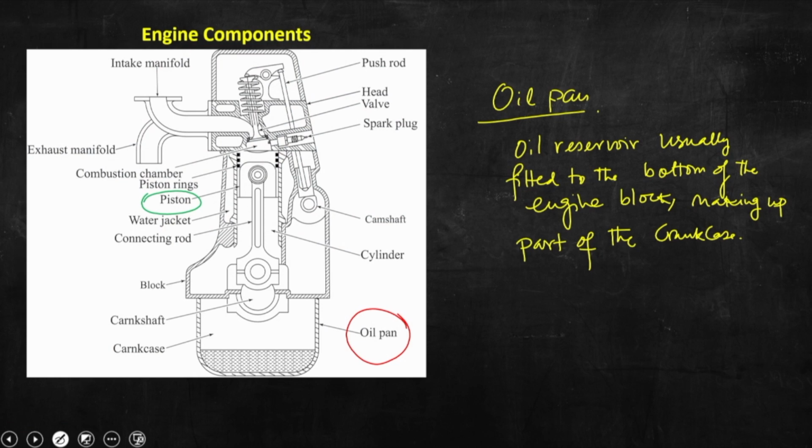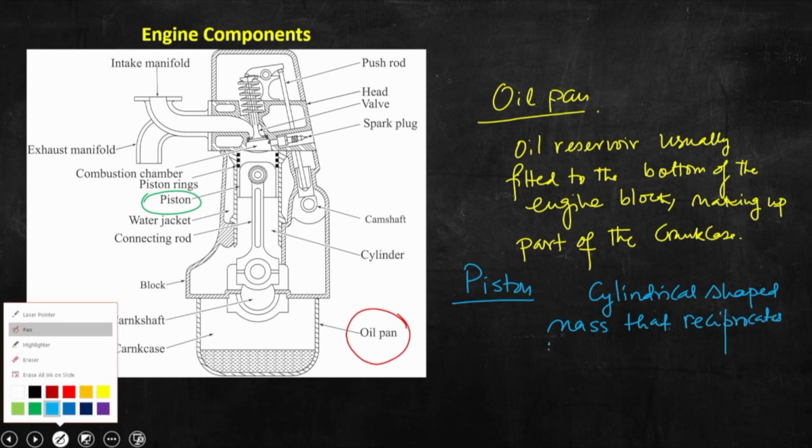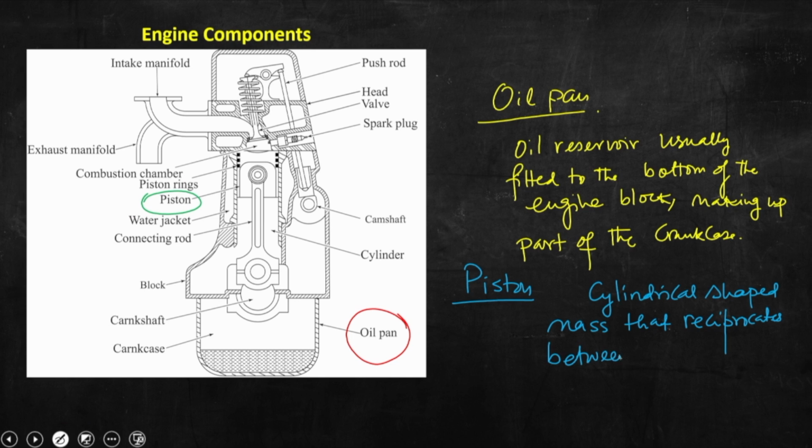So, what is a piston? It is a cylindrical shaped mass that reciprocates between two identified locations, that is BDC and TDC.